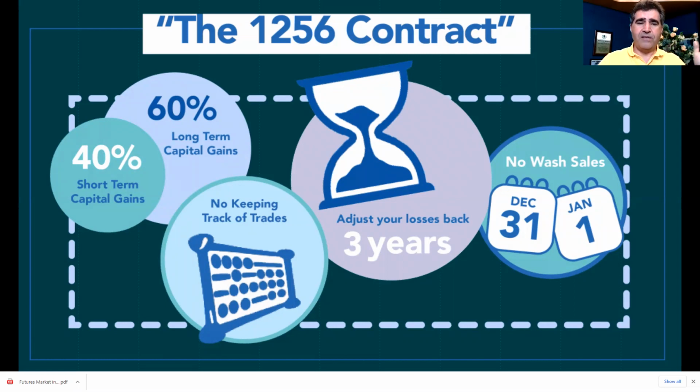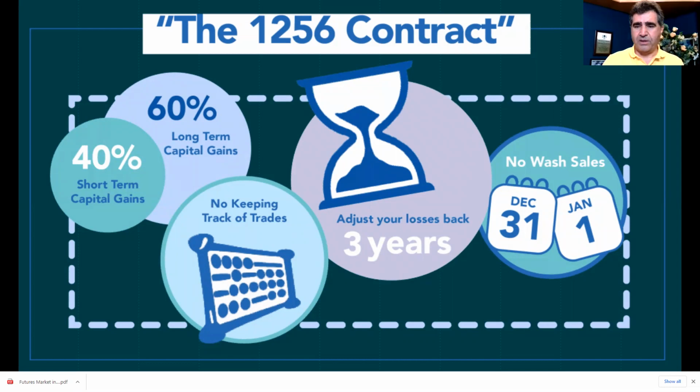That's it. I know I had one day where I had over 2,000 trades. Imagine trying to keep the records on that. But the brokers do it for you, so it's a simplicity.